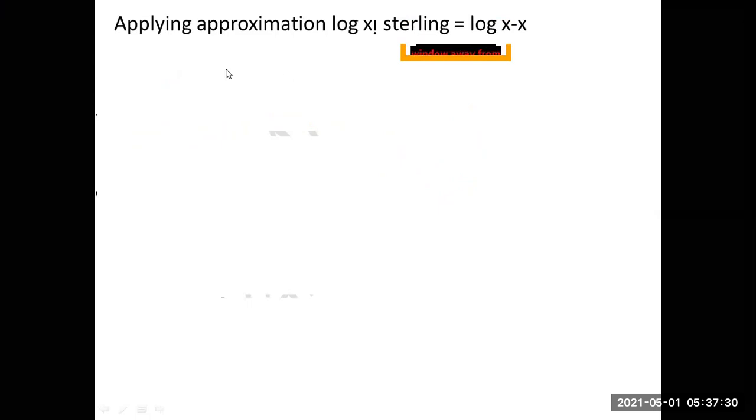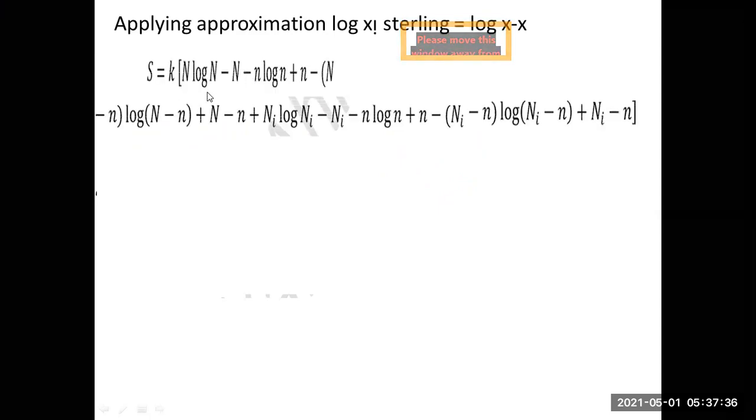So now we'll move forward to the next step, right? S is equal to k log P. Log P we have just expanded. See, N log N minus N, then log n factorial has been expanded. That minus is there, so minus n, minus of minus is plus here: minus n log n plus n. So what is remaining? Capital N minus small n, so minus of capital N minus small n log of capital N minus small n plus capital N minus small n. So we just expanded the terms from the previous slide and got the expansion till here, right?